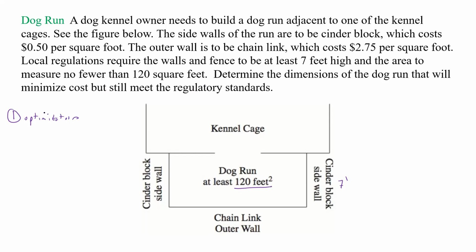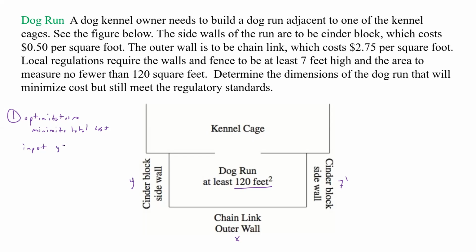Okay, what is that? Well, we want to minimize total cost. Now, what is our input? Well, we're going to have a cinder block and we're going to have chain link fence. So this time, let's call this one X and let's call this one Y, just because we want to be different this time.